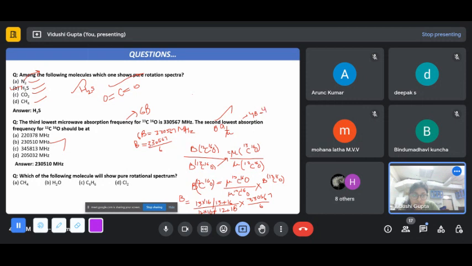After solving it will be 5, 7, 6 to 7.58.